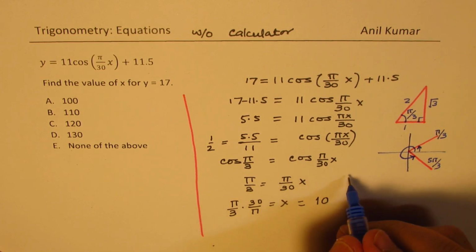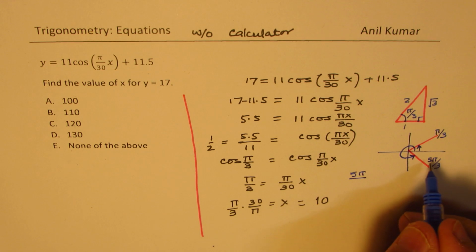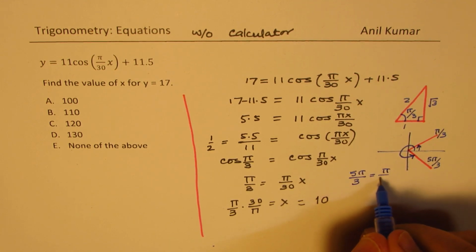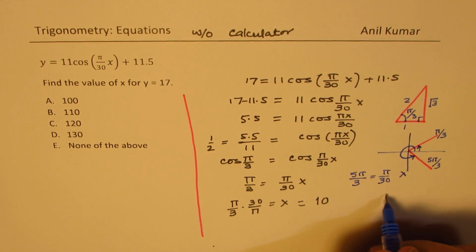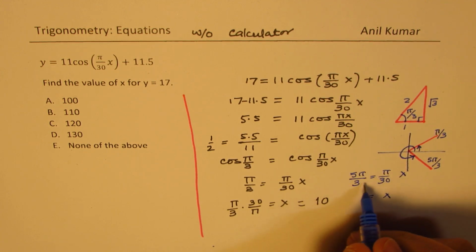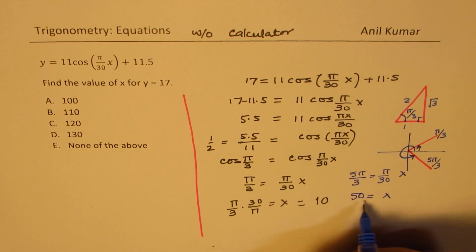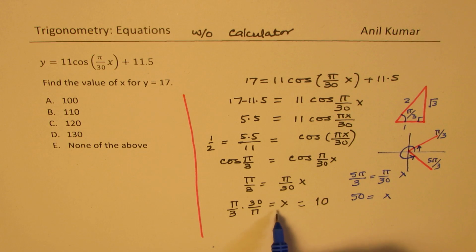So let's do the calculation with 5 pi by 3 and also find the other angle. 5 pi by 3 is pi by 30 x, and you get this value of x as equal to what? When you do this cross multiplication, you get 50. So in one cycle, we get x as 10 and 50. Those are two answers.